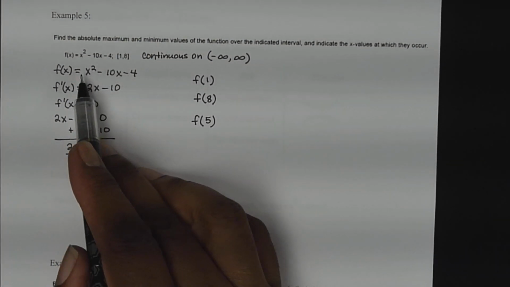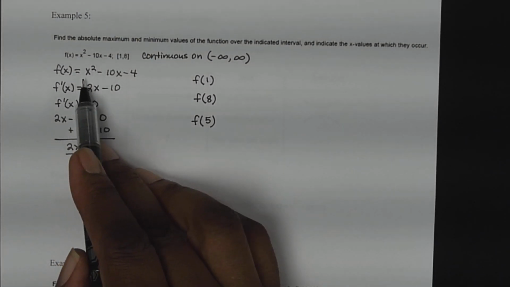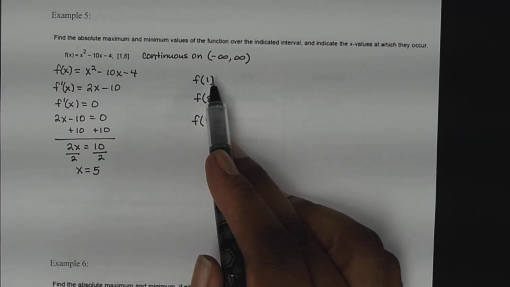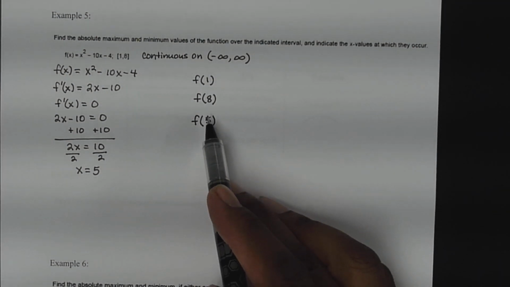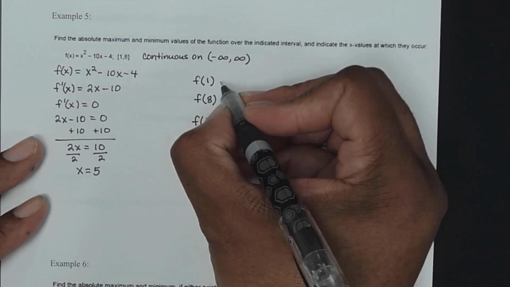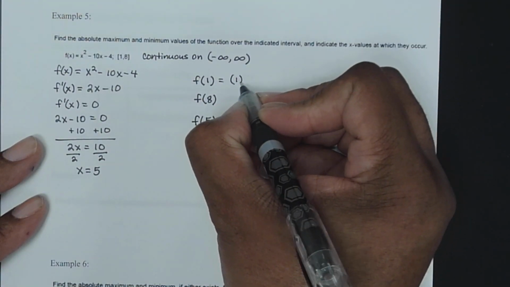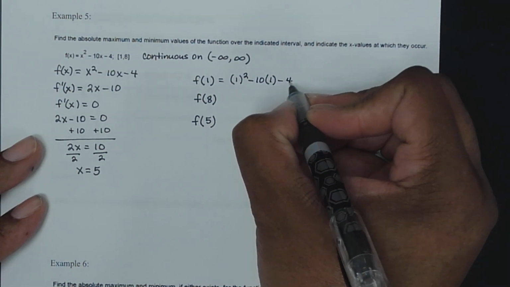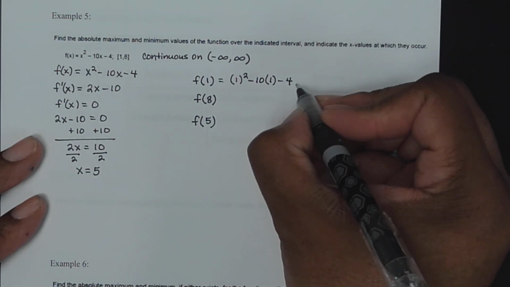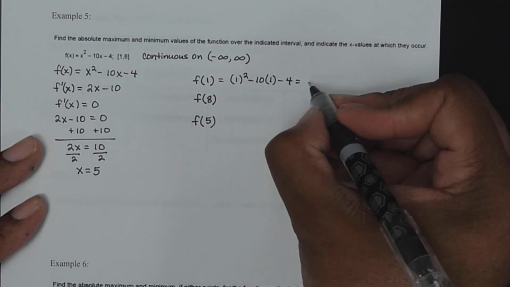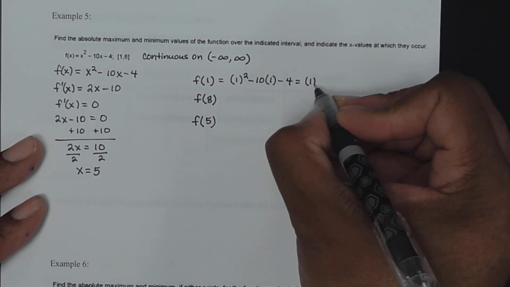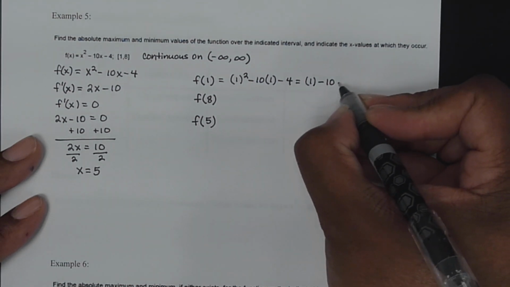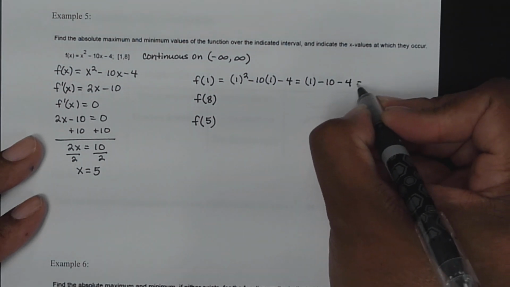Using the original function, I'm going to substitute each x with these values, starting with f of 1. I'm going to have 1 squared minus 10 times 1 minus 4. Here 1 squared is 1, and 10 times 1 is 10, minus 4.